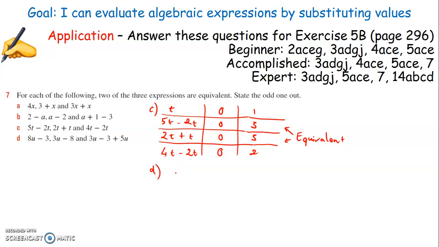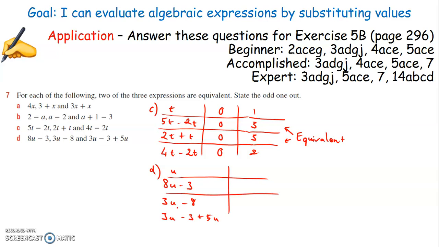Okay, last one, we've got D, we've got the letter U. So 8u minus 3, 3u minus 8, and 3u minus 3 plus 5u. Just like the other ones, we are going to start with 0. Let's try it out.